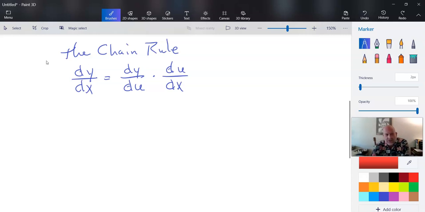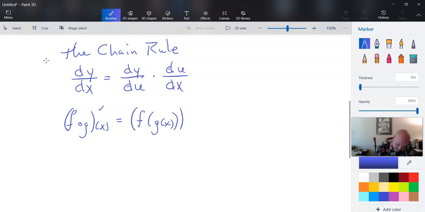The second statement of the chain rule has more to do with when you're looking at a composition of functions. And this technically is a composition of functions, but it's a little easier to see when you look at it this way. Oops, let's switch that back to blue. So if I have two functions, f composed with g of x, and I'm looking for their derivative, let me rewrite it this way first so we can see it.